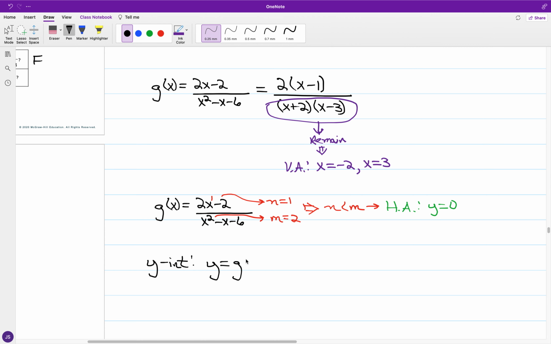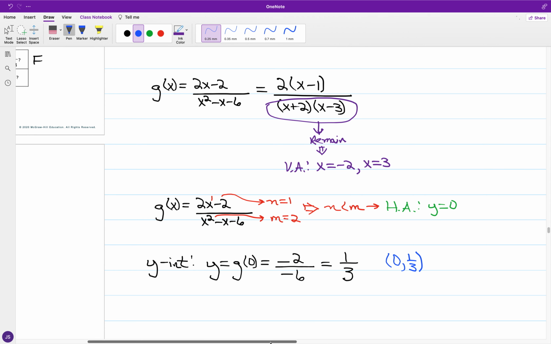With x at 0, you got 0 minus 2, which is negative 2, and 0 minus 6, which will be negative 6. And this will reduce to a positive 1/3. So for the y-intercept, you have just above the x-axis, the ordered pair 0, 1/3.